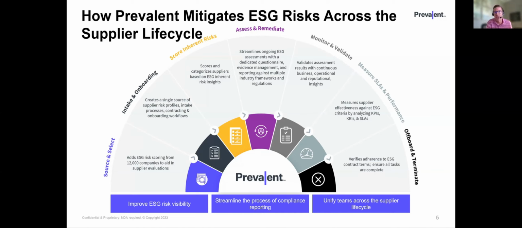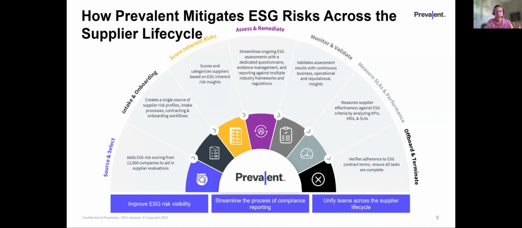At the sourcing and selection phase, for example, we give you a snapshot of ESG scores from a database of 12,000 companies that we have ready access to. As you onboard and tier and profile those vendors to determine who are the most important ones, the most critical ones that you have to spend the most time on, we give you the ability to leverage ESG criteria to make those tiering, categorization, profiling decisions.